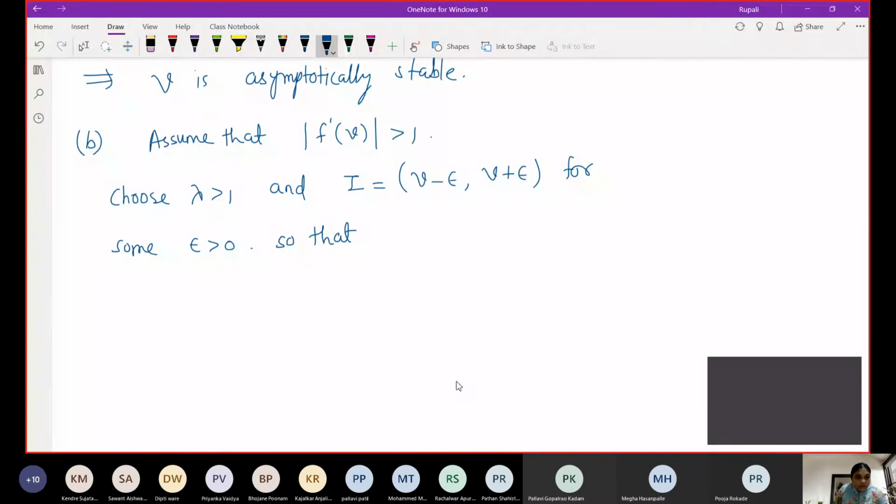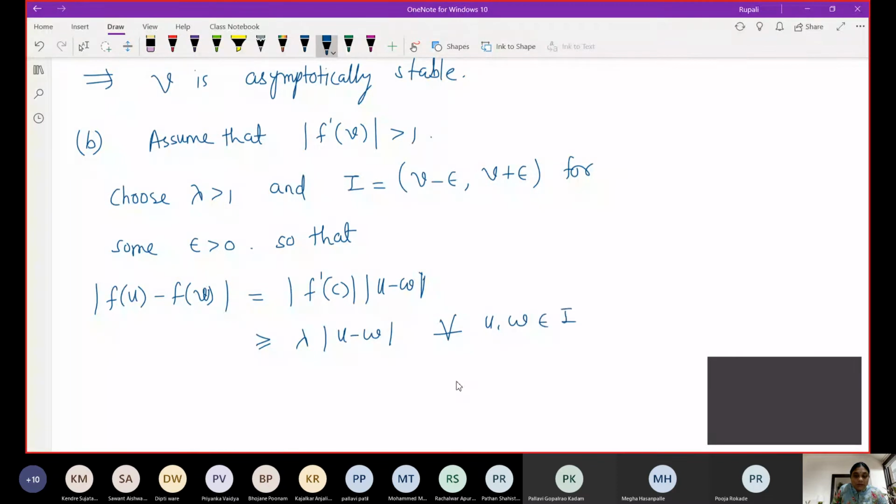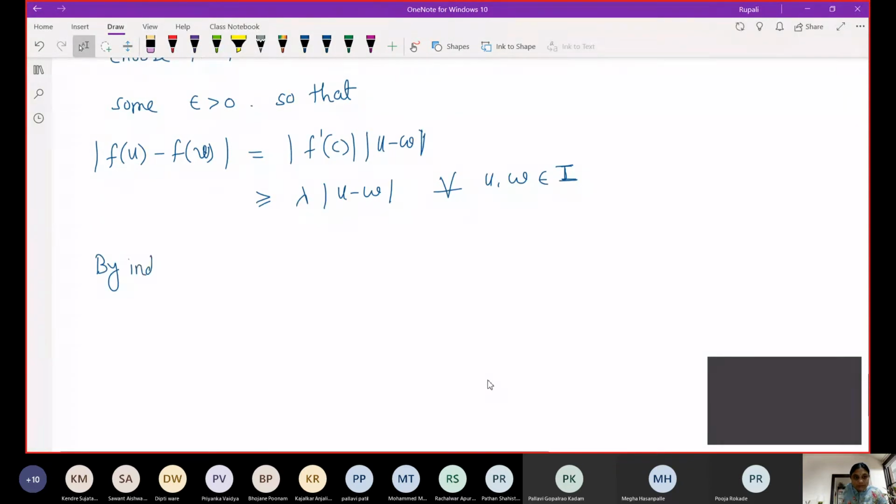So that, what is my f of u minus f of w? It will be, again by the previous theorem, f dash of c times mod of u minus w, and my mod of f dash of c is strictly greater than 1, so I can write this as greater than or equal to lambda times mod of u minus w for all u and w belonging to I. Now again by induction, what is f raised to t at u minus v?